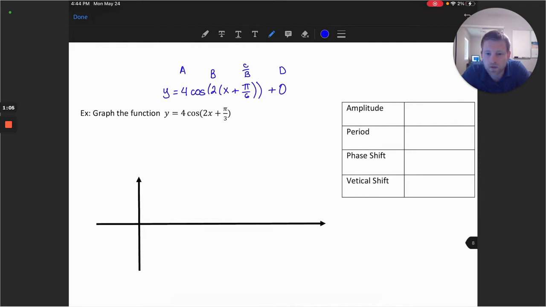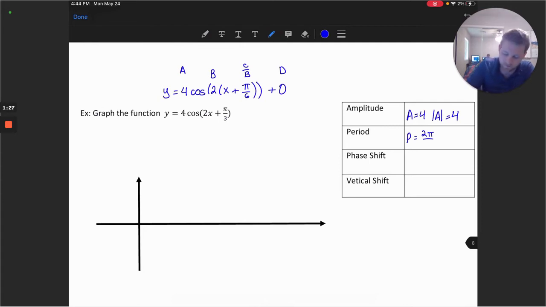So starting with our amplitude going left to right, we see that a is equal to 4, therefore the absolute value of a is still 4, that's our amplitude. Our period is based off the b value. The period is 2 pi divided by b.